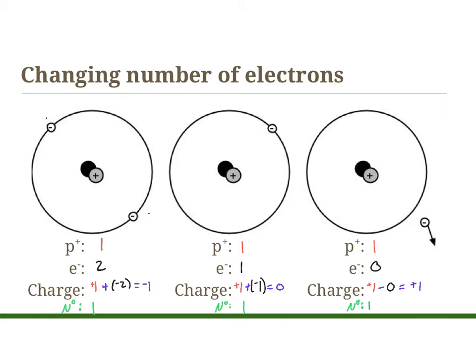So the general format for identifying the charge of an atom is what happens to the electrons.